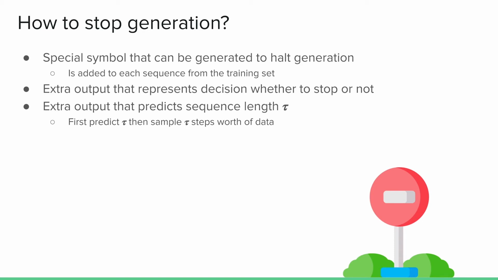Or we can do something quite similar, where we predict the number of remaining steps along our actual output. So at each step we say, okay, there are 3 more steps, 2 more steps, 1 more step, no more step, and then we also stop when this output says please stop.